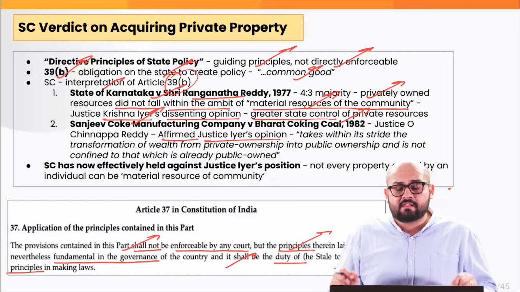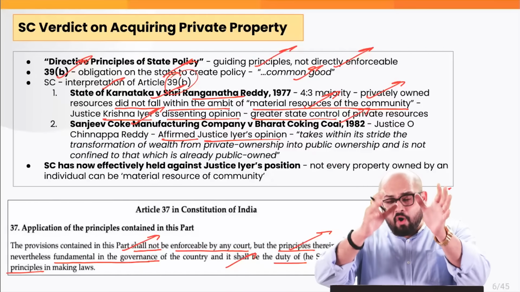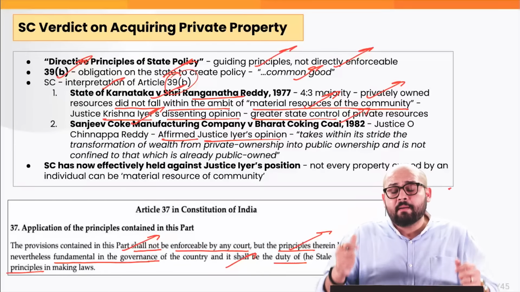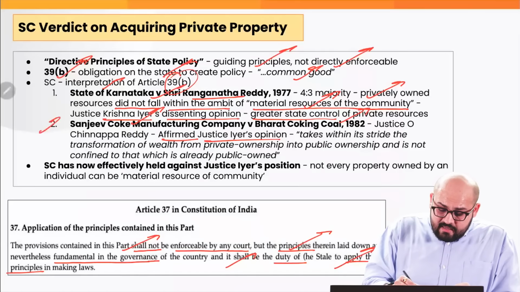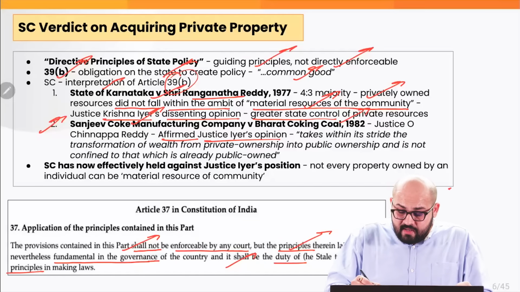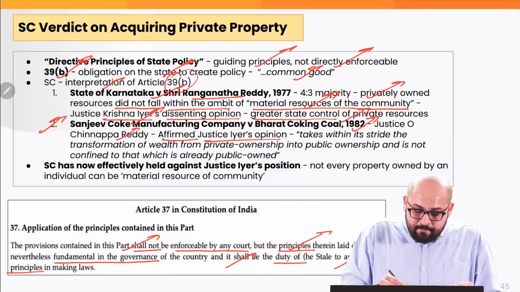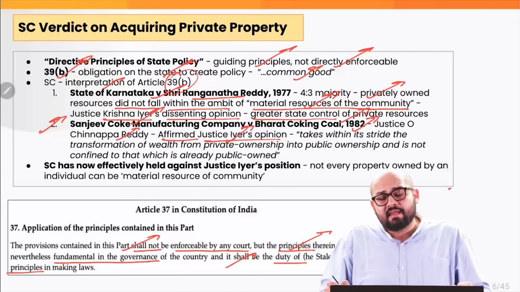But in this particular case, the majority said that no, all private property cannot be a part of the material resources of the community. Then in the second case, we had Sanjeev Coke Manufacturing versus Bharat Coking Coal of 1982. Here, Justice O. Chinnappa Reddy affirmed Justice Iyer's opinion.